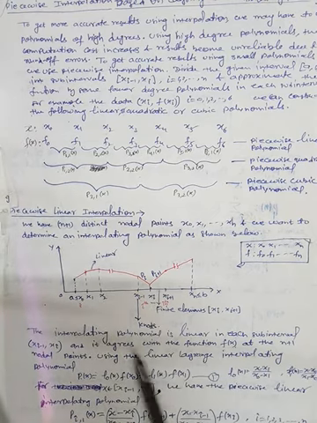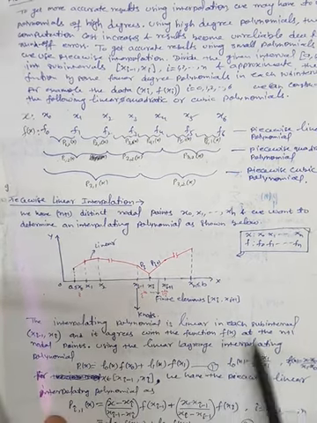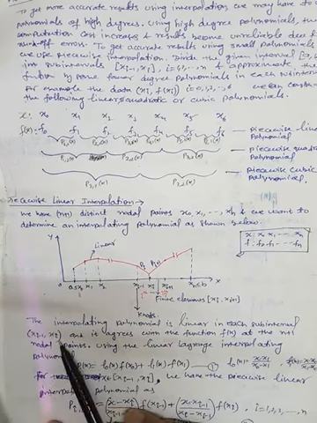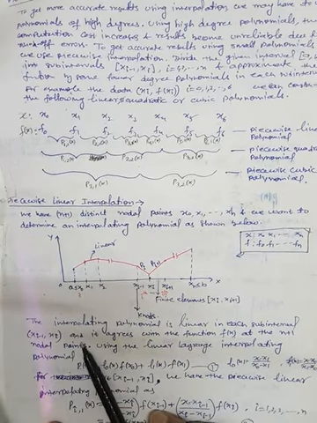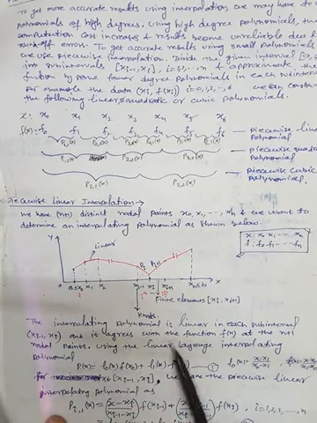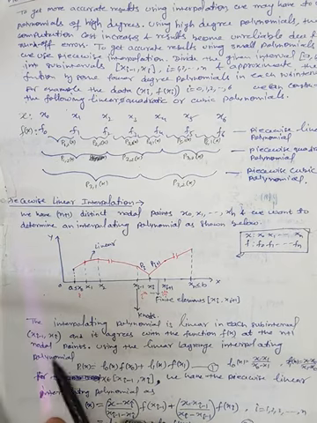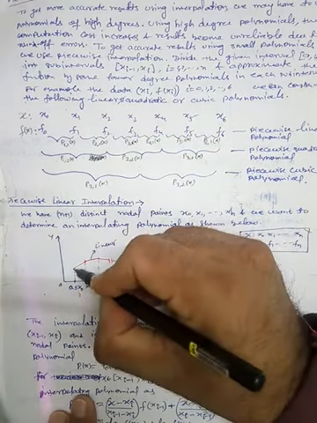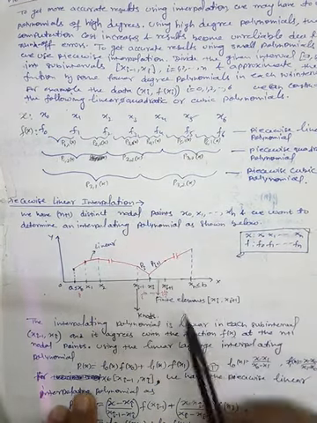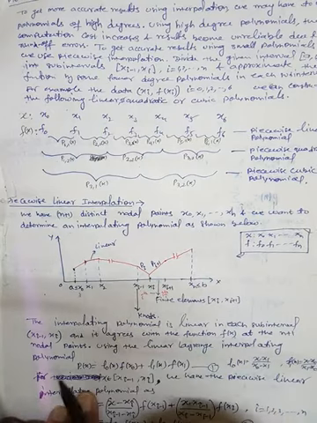So the interpolating polynomial is linear in each subinterval xi minus 1 to xi, and it agrees with the function f of x at the n plus 1 nodal points. Agrees means satisfying the interpolating condition at the end points here.